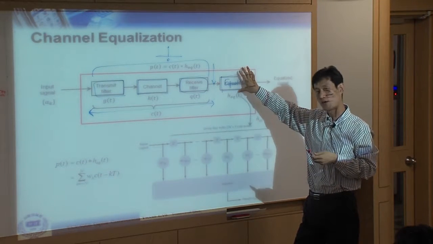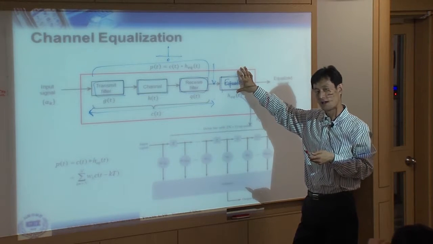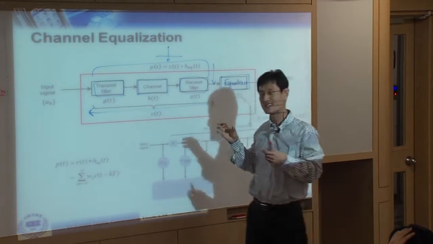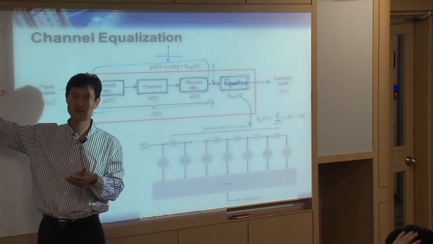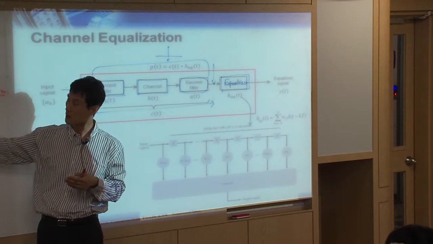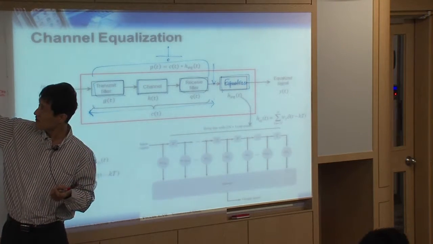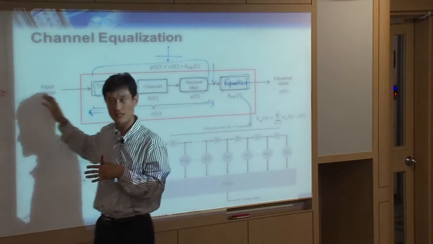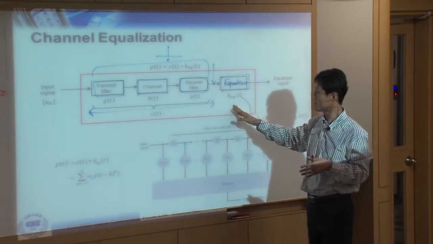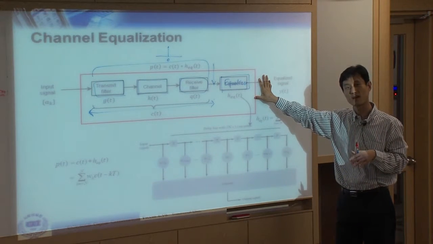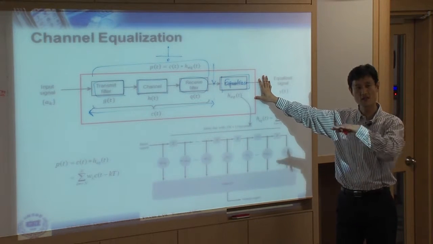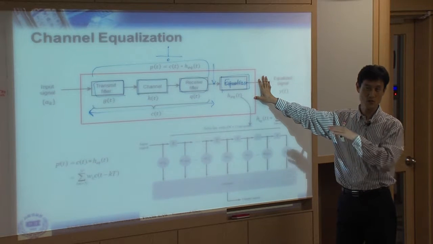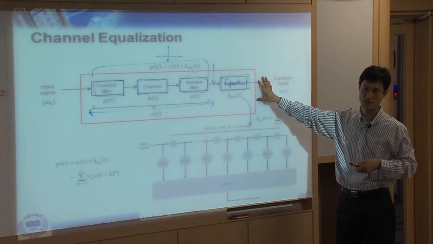Actually, our equalizer is exactly the same as in the audio system. It's a frequency domain equalizer. In our system, we are also trying to equalize in the frequency domain.